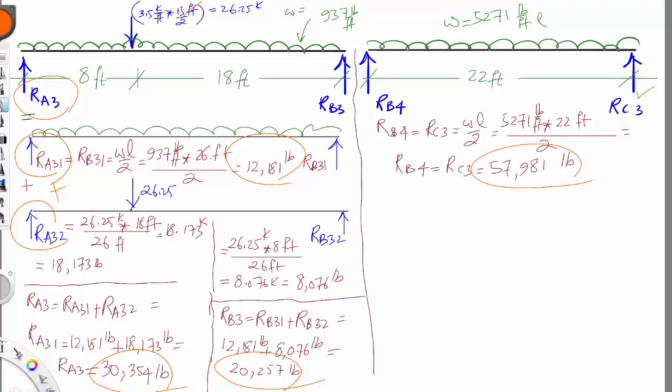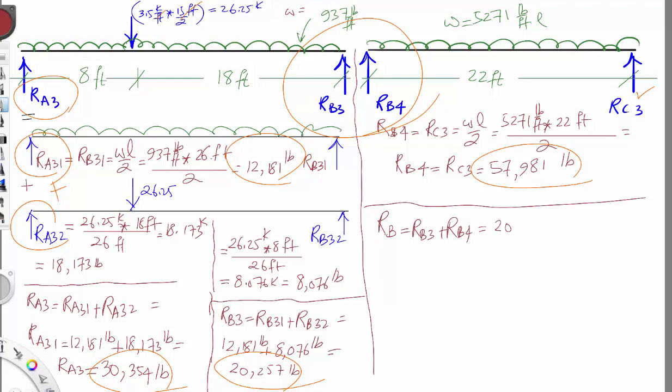Now column B will have the combination of these two, so we need to do that. So RB is equal to RB3 plus RB4. RB3 is equal to 20,257 pounds, and RB4 is equal to 57,981 pounds.